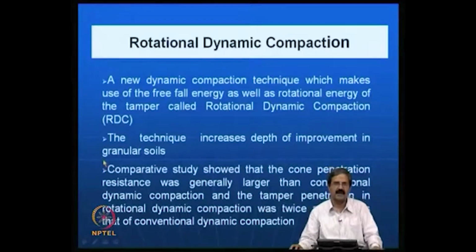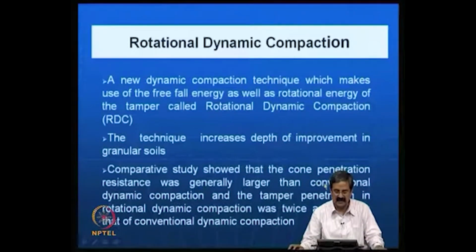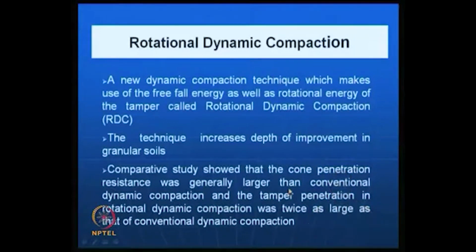What people have observed is that there are some small differences between rotational dynamic compaction and dynamic compaction: cone penetration resistance was generally larger than that observed in conventional dynamic compaction, and the tamper penetration in rotational dynamic compaction was twice as large.